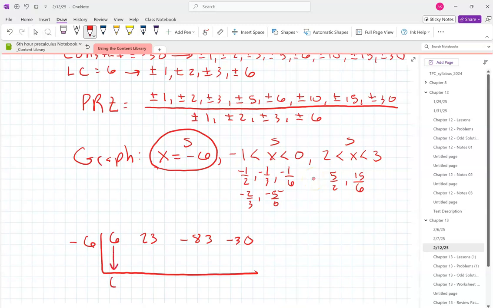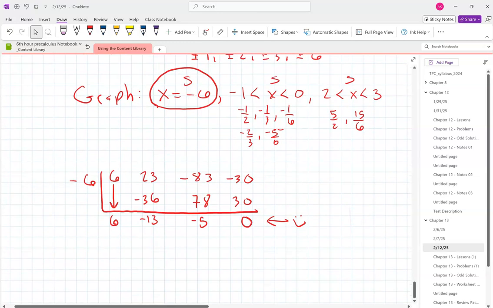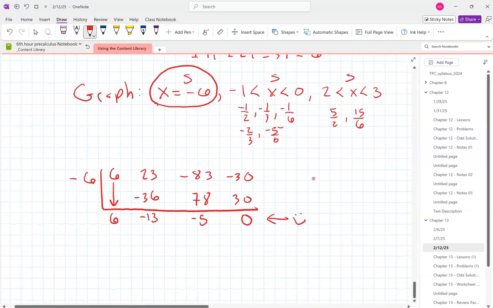So let's go ahead and execute our synthetic division now. So I get that remainder 0. That makes me happy. That means that this works.